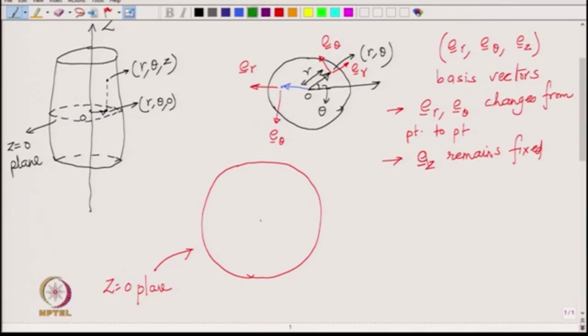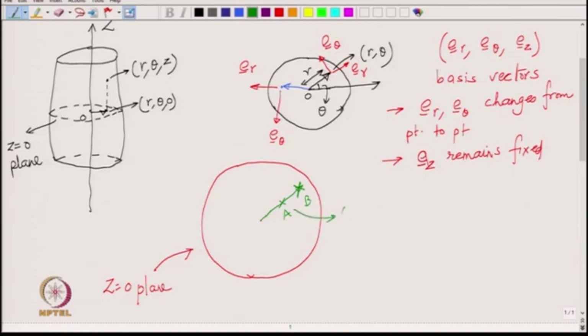Think of 2 points here, but they are along the same radial line: point A and point B. For the 2 points, what are the various coordinates?